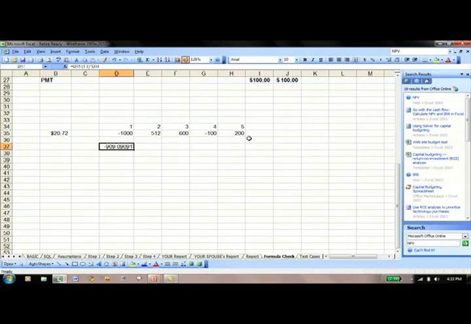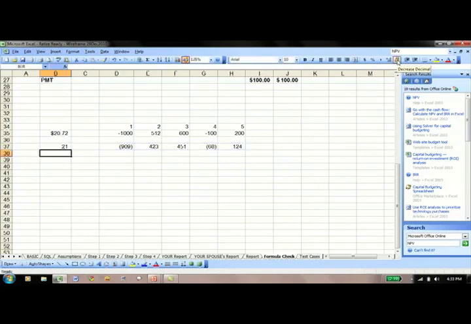And likewise, I am going to copy this over. So now what I have here is a sum of the present values of these various payments that happen at the end of each year.